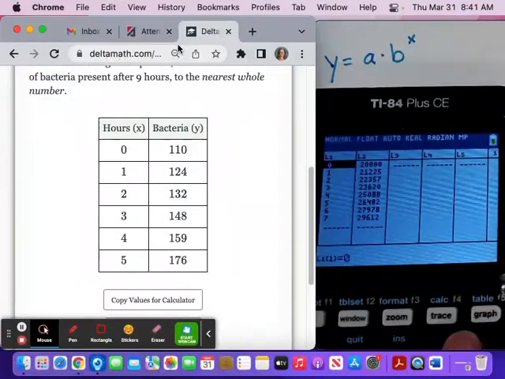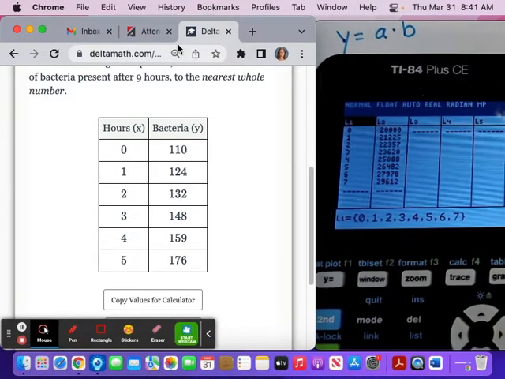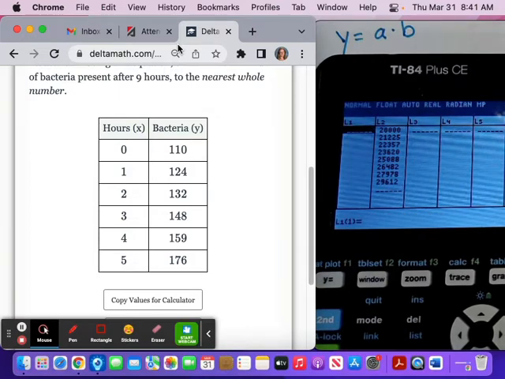I need to clear out what's in there. So the way that you can clear it out, go up to where it says L1 and push clear, and then push enter. Then go up to L2, push clear, and enter. So it clears it out.